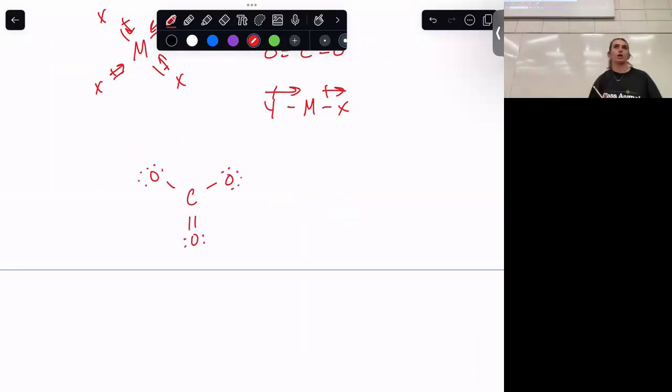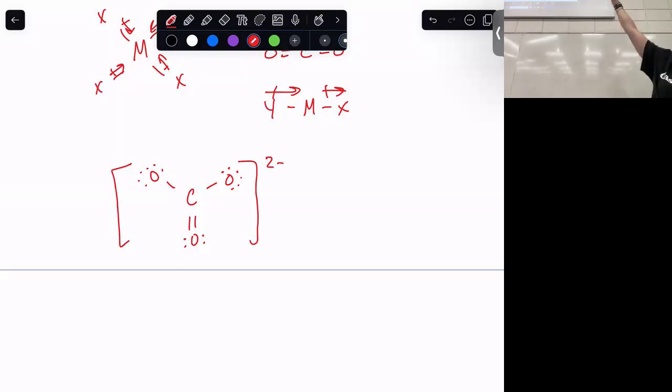I put this in my additional practice problems as one of the ones that you could do. You have CO3 2-. In this case, that double bond can move to the other two oxygens in this structure.